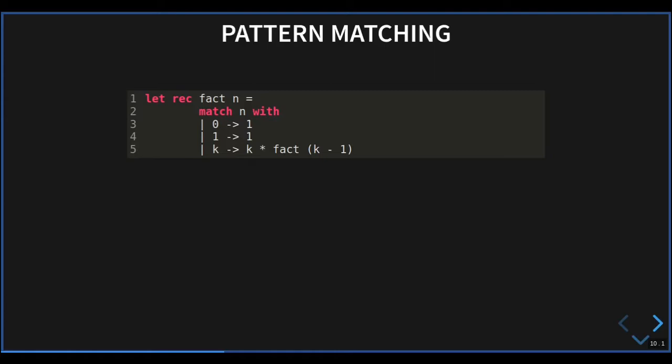So if neither of these two patterns match, the third pattern will always match, and will call this function recursively with the argument decreased by 1.